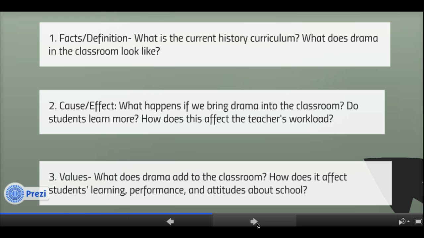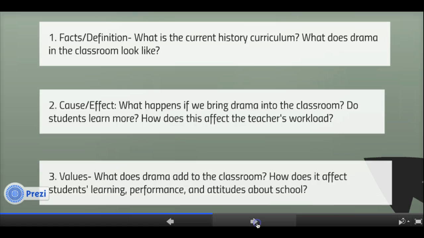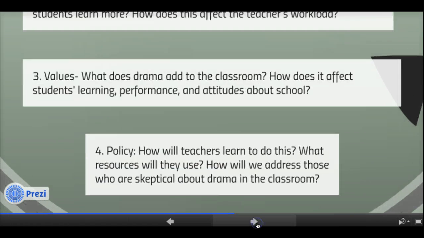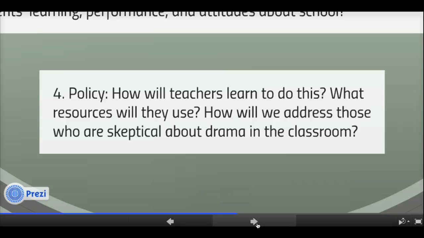These are all things that students, teachers, and parents tend to value, so they're things I definitely want to include. And then finally, policy. How will teachers learn to do this? What resources will they use? How will we address those who are skeptical about drama in the classroom? If I'm really going to implement this, I want to let people know that I have an idea of how it would actually work and how we'd overcome some obstacles to make it work.